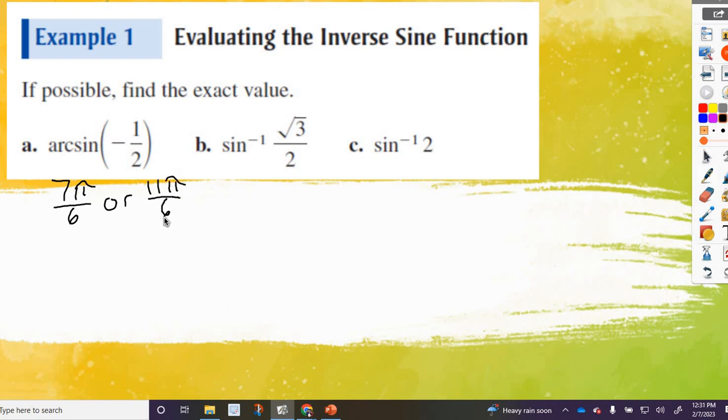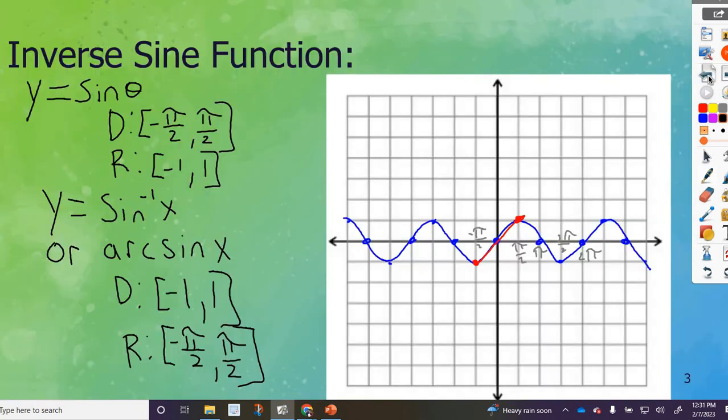We're trying to figure out what angle gives me negative 1 over 2 for sine. The problem is, are 7 pi over 6 or 11 pi over 6 in the range that I put here? No. Okay, but let's think.